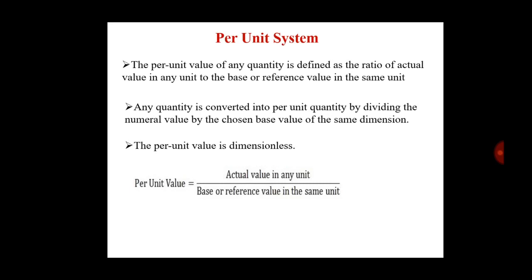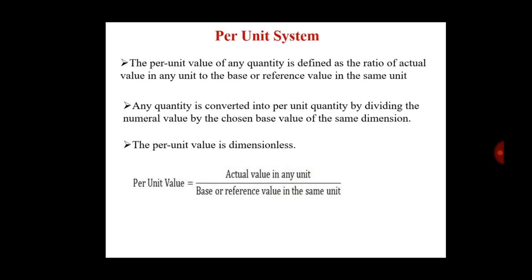Any quantity is converted into a per unit quantity by dividing the numerical value by the chosen base value of the same dimension, and both are of the same dimension, so the per unit value is dimensionless.